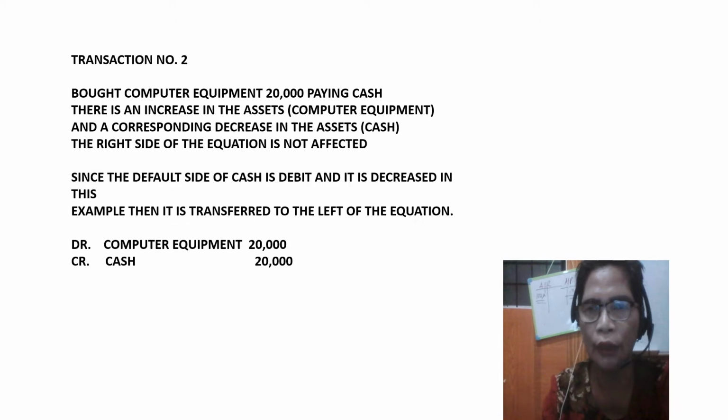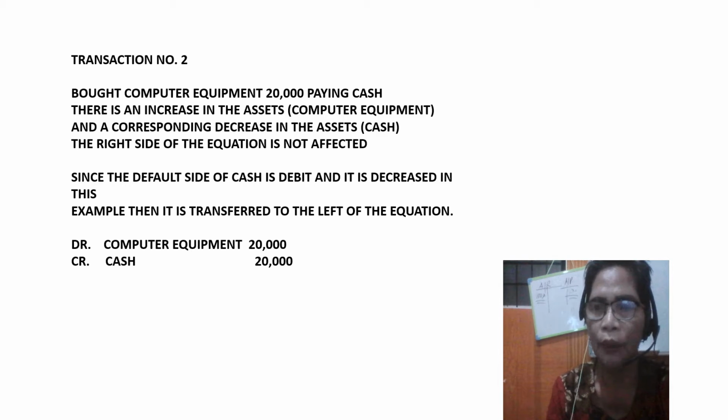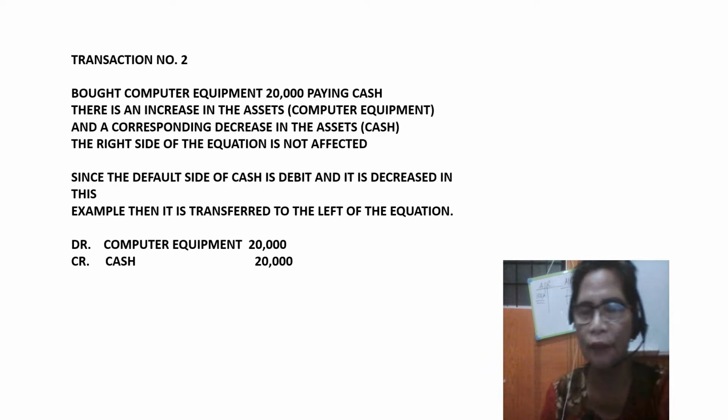For transaction number two, we have bought computer equipment paying cash. In this example, there is no movement on the left side. The movement is only on the left side because the asset cash is being transferred only to computer equipment, converted into computer equipment.